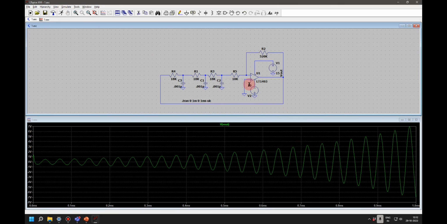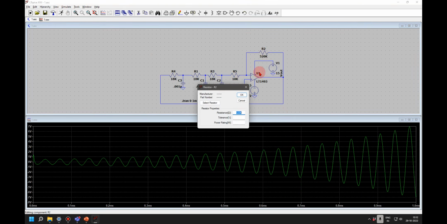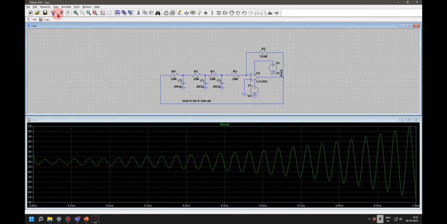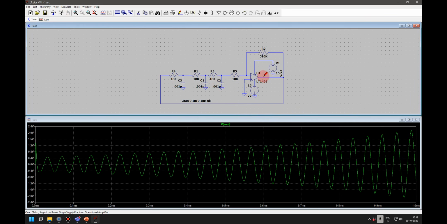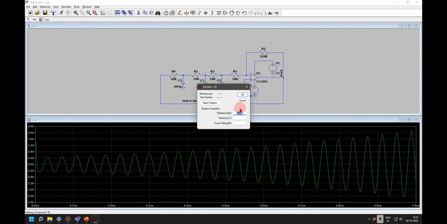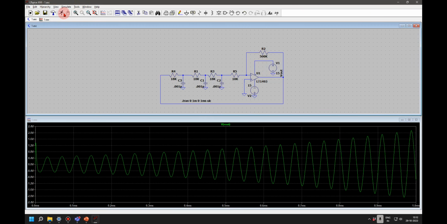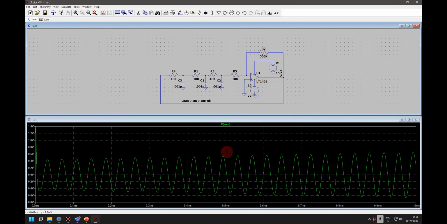The signal. See, now I'm getting a sinusoidal. I still have to reduce. Yeah, you see slowly things are improving, right?